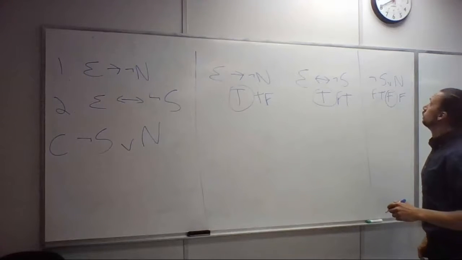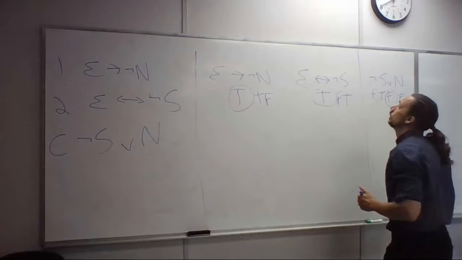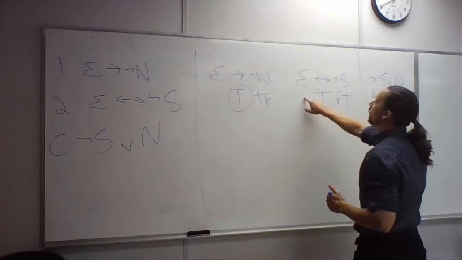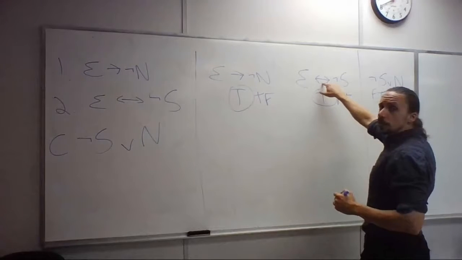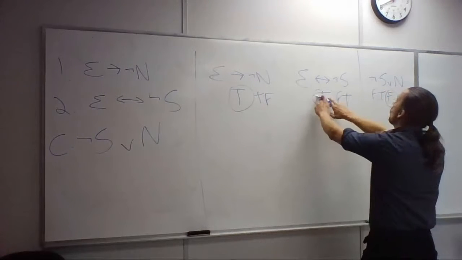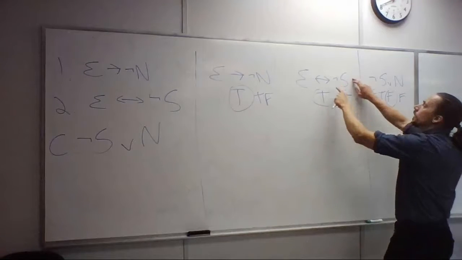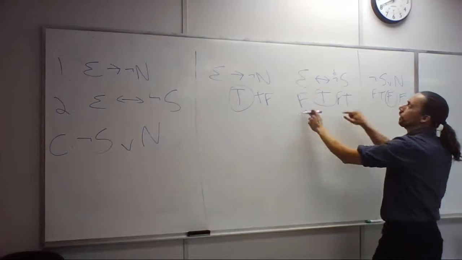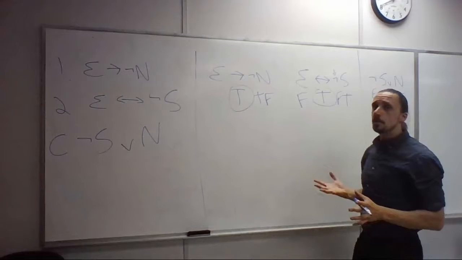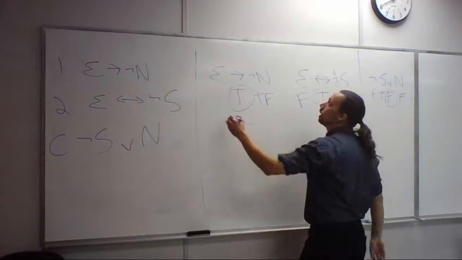And let's see here. Is it possible to have true premises and a false conclusion? The only value I have left is over here. Now, this is an if and only if, a biconditional. A biconditional is only true when both sides have the same value. So if this side has a value of F underneath the negation, then E is also going to have the value F, false, false, true. That's a forced move that needs to happen for my premise to be true. So now I know the value of E over here.